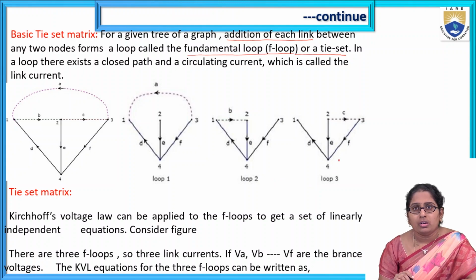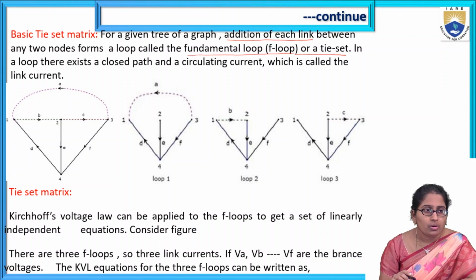For a given tree, if we add only one link, there will be a loop. With the tree D, E, F, we added only one link, that is A. There is a closed path, so it is called loop 1 or tie set 1.